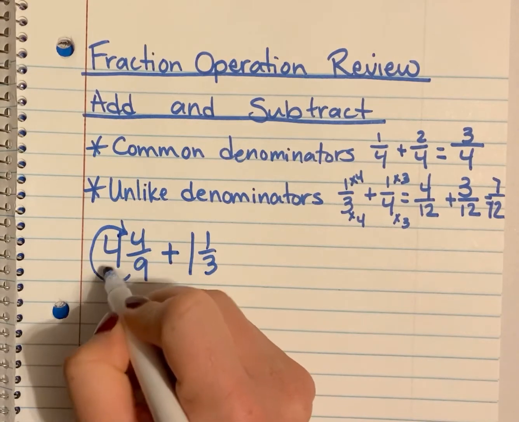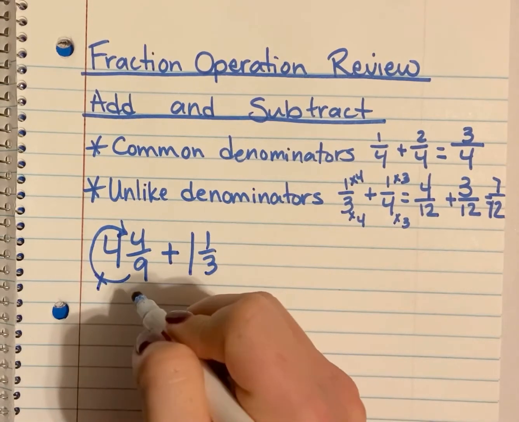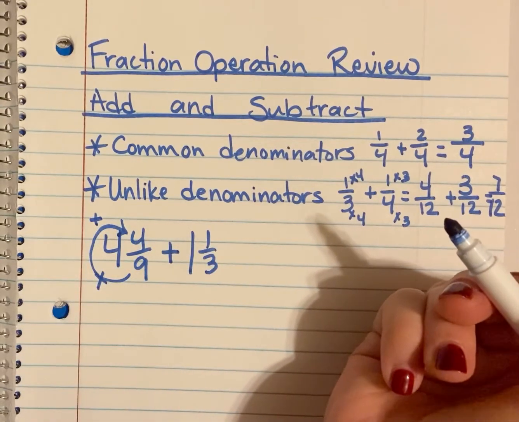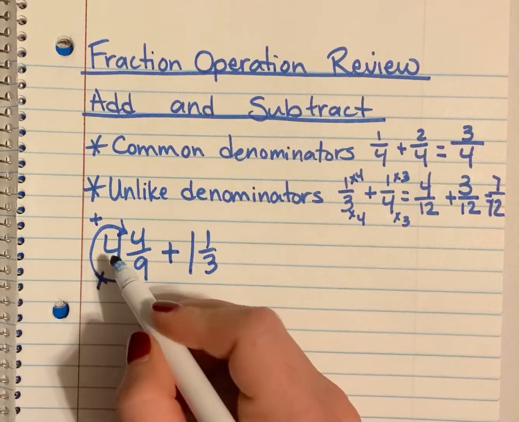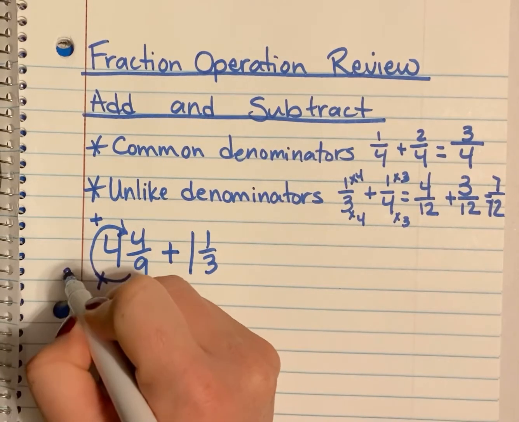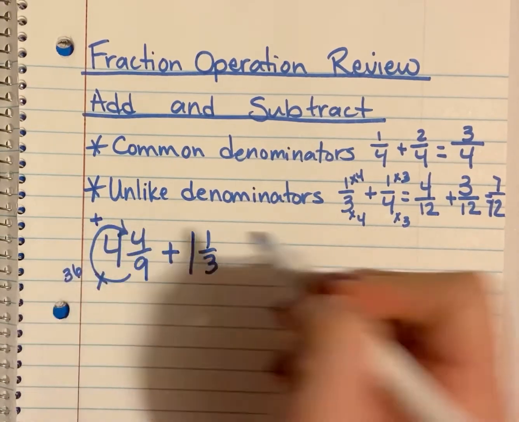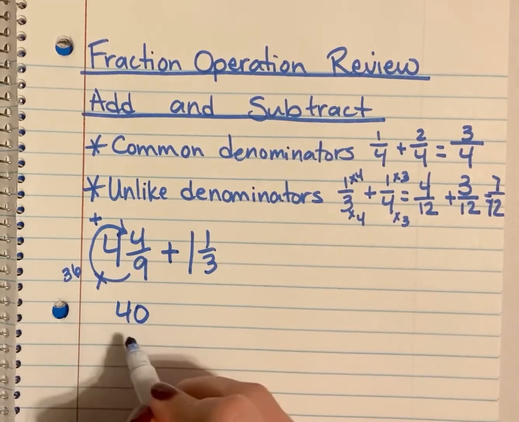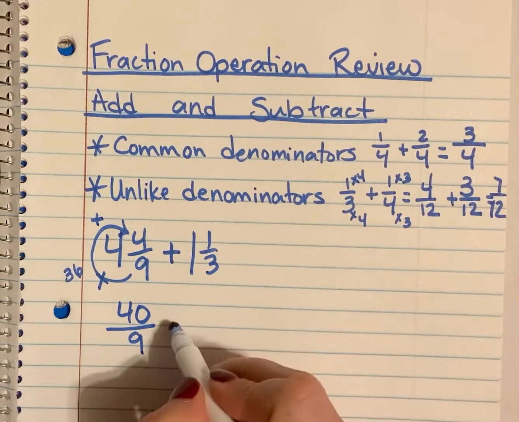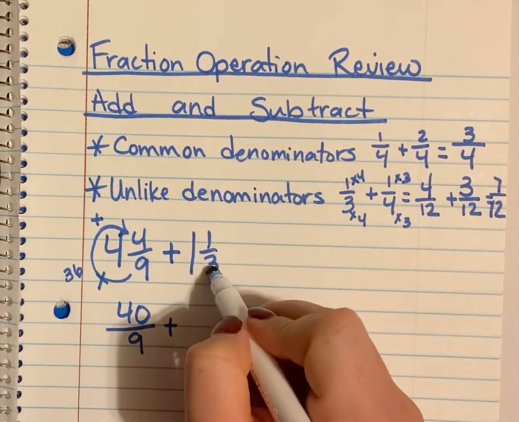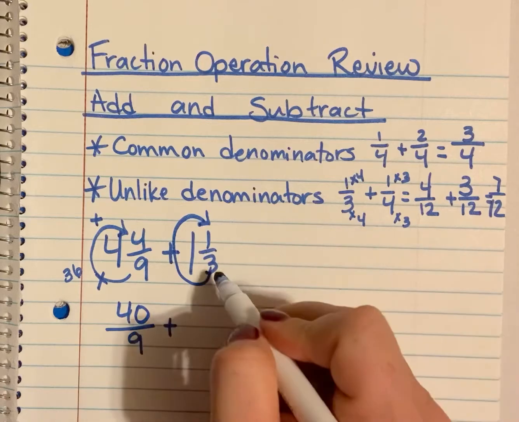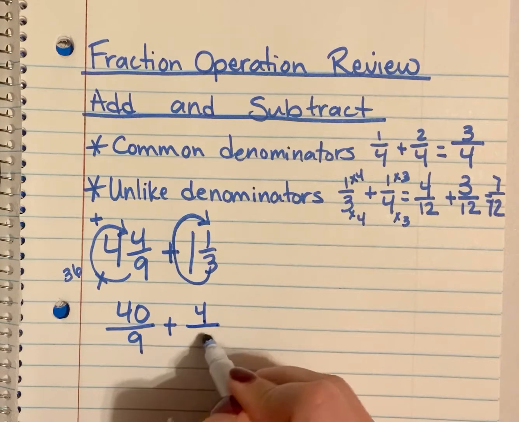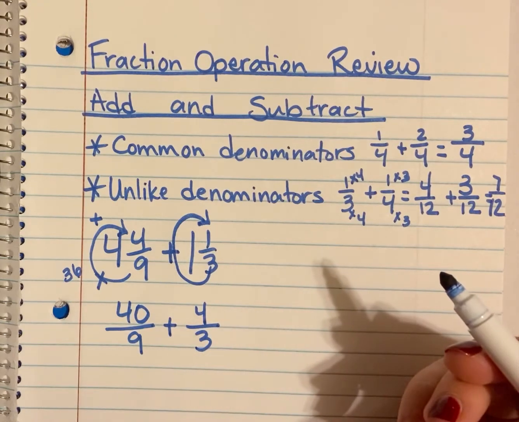We're going to multiply 9 times 4, and then we're going to add 4. 9 times 4 is 36, and 36 plus 4 is 40. We're going to keep the denominator the same, and we're going to change this one to improper. 1 times 3 is 3, plus 1 is 4, and keep the denominator.